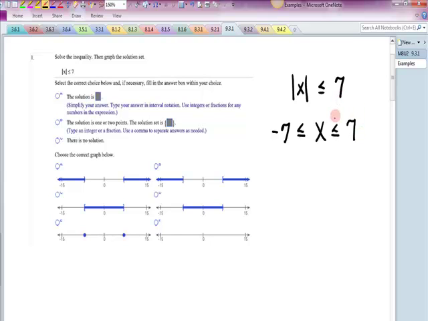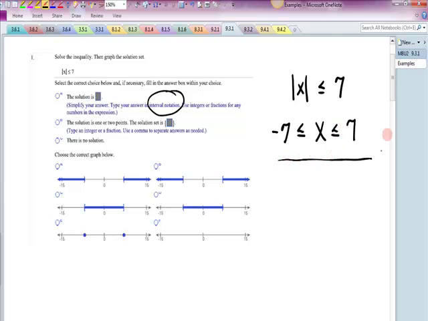So this is my solution. It wants the solution, though. It says the solution is, type your answer, simplify your answer, type it in interval notation. Okay, interval notation. Well, I like to do all three.